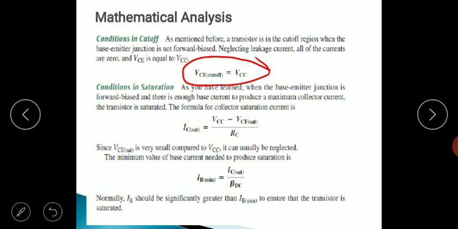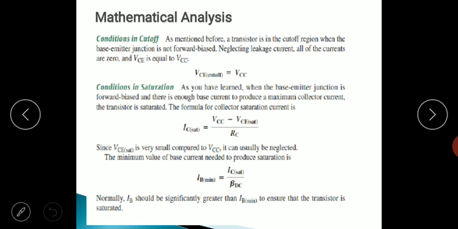Now we'll try to analyze the second circuit, that is when the transistor is in saturation. We know that the transistor will be in saturation when its base emitter junction and collector base junction both are forward biased.